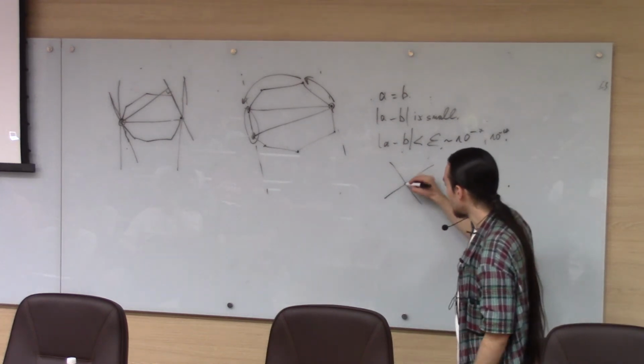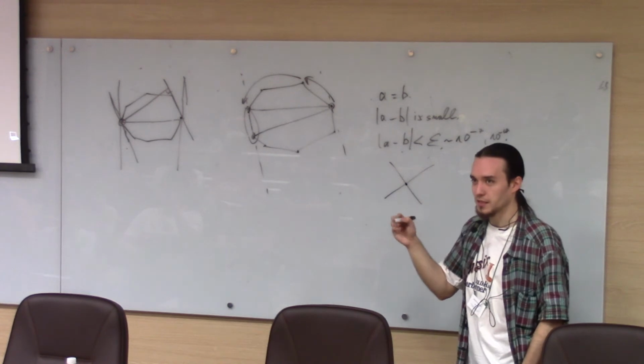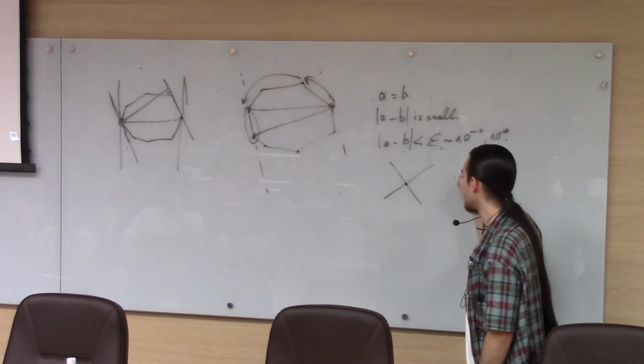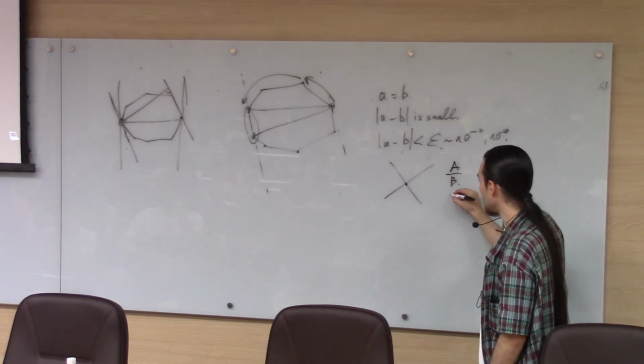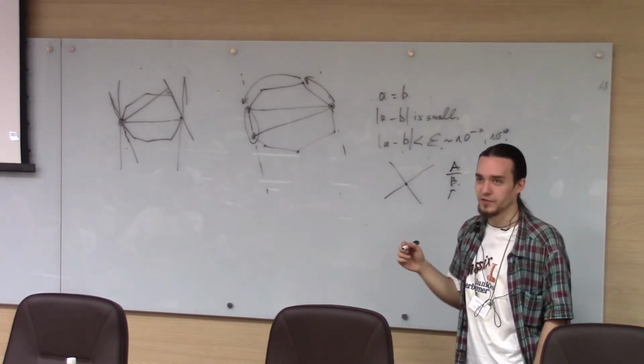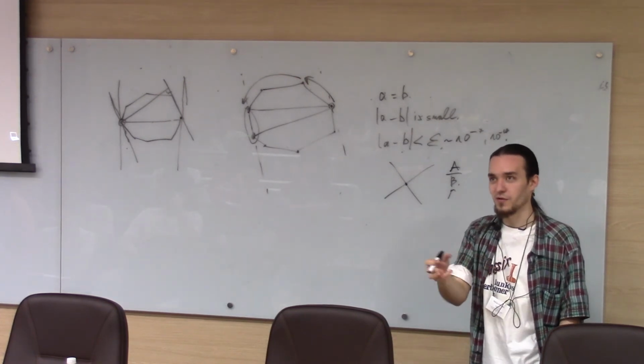So we know that the intersection point here is a quotient. Its coordinates are quotients of two integers, a over b, and we know that b is a determinant of a certain matrix whose entries are coefficients of the lines.